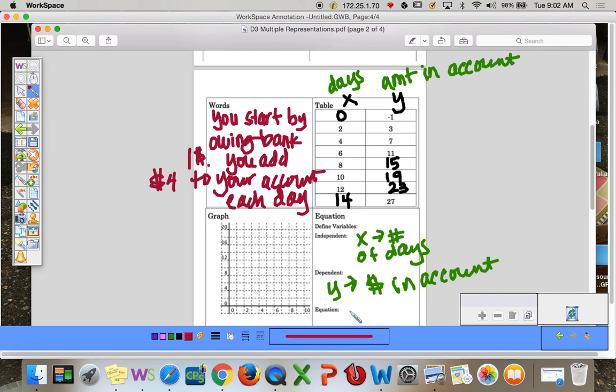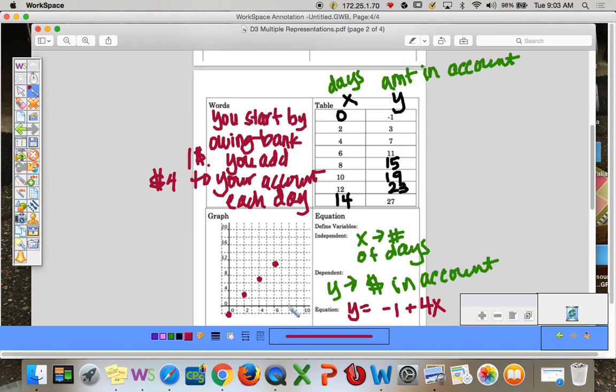And the equation would be y equals our starting value at time 0 is -1. Our slope is increasing $4 per day. Let's graph this. So at 0 it's -1. At 2 it's at 3. At 4 it's at $7 in the account. At 6 it's $11.